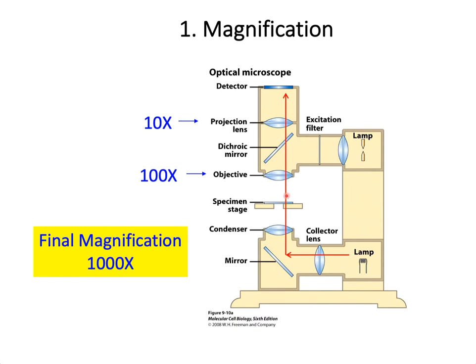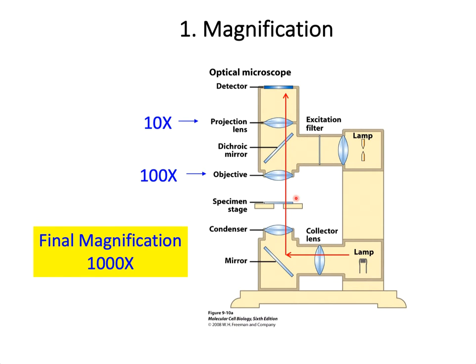Once the light passes through the specimen, it is collected by the objective lens, and it is the objective lens which provides most of the magnification in light microscopy. In this example, the objective lens is 100x, or 100-fold magnification. The most simple light microscopes have adjustable objective lenses, which can be 4x, 10x, 40x. These types of microscopes and objective lenses are probably the type you are most familiar with.